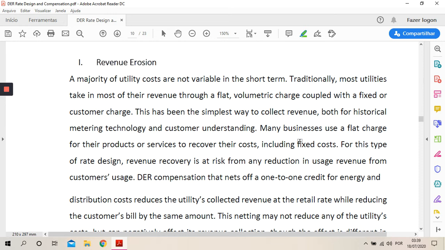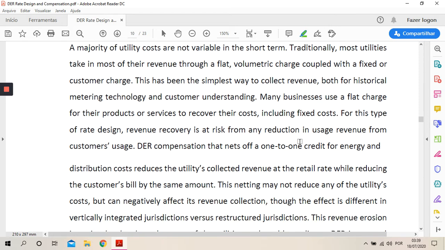First, number one, revenue erosion. This is a problem that utilities will need to face. Let's see why. A majority of utility costs are not variable in the short term.